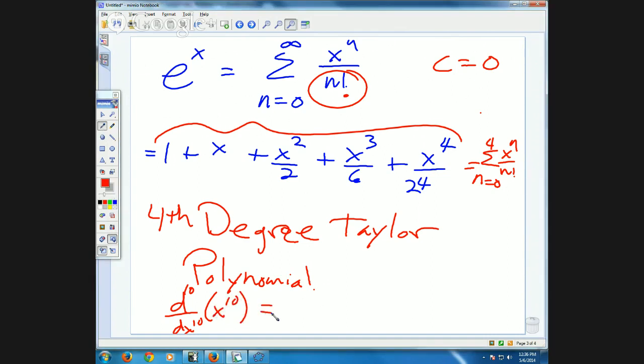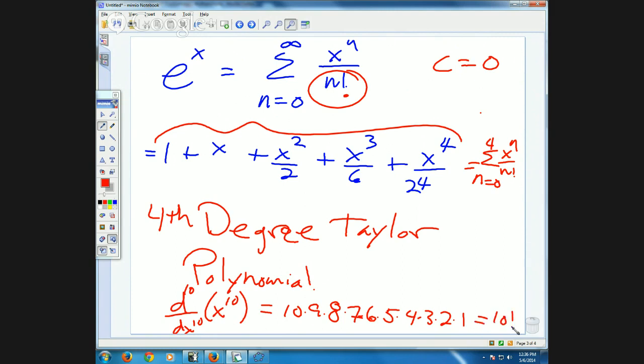The first derivative is going to be 10x to the 9th. The second derivative is going to be 10 times 9, x to the 8th. So I'm going to have a 10 times 9 times an 8, keep going, and then I'm going to run out of stuff. Right? Okay, so what happens when I take derivatives of polynomials? What do the coefficients look like? They look like factorials, correct.